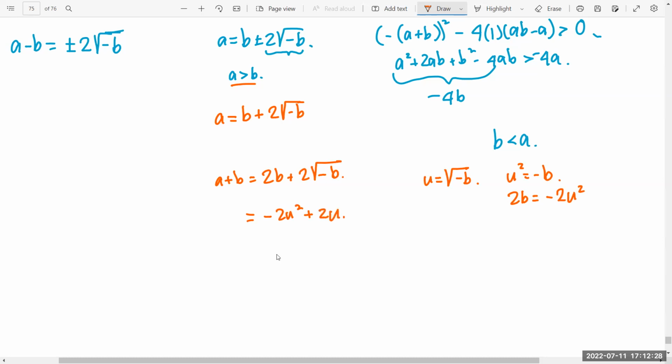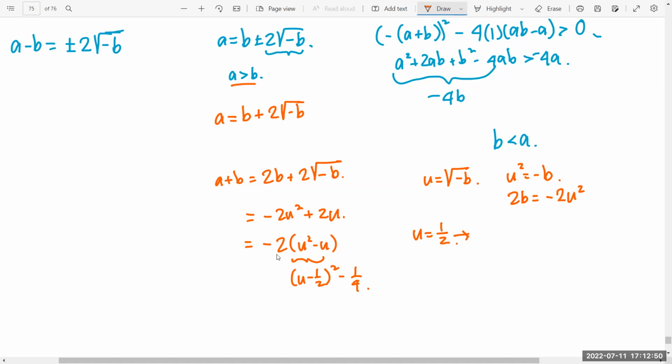And to maximize this, we'll just write this as negative 2 times u squared minus u. When is this maximized? Well, this becomes u minus 1/2 squared, completing the square, all minus 1/4. You can see that this is maximized when u equals 1/2.